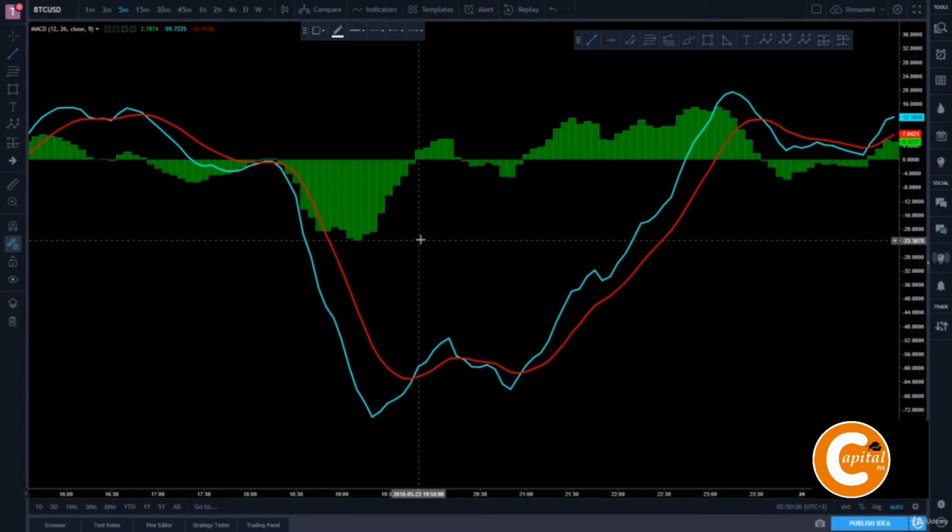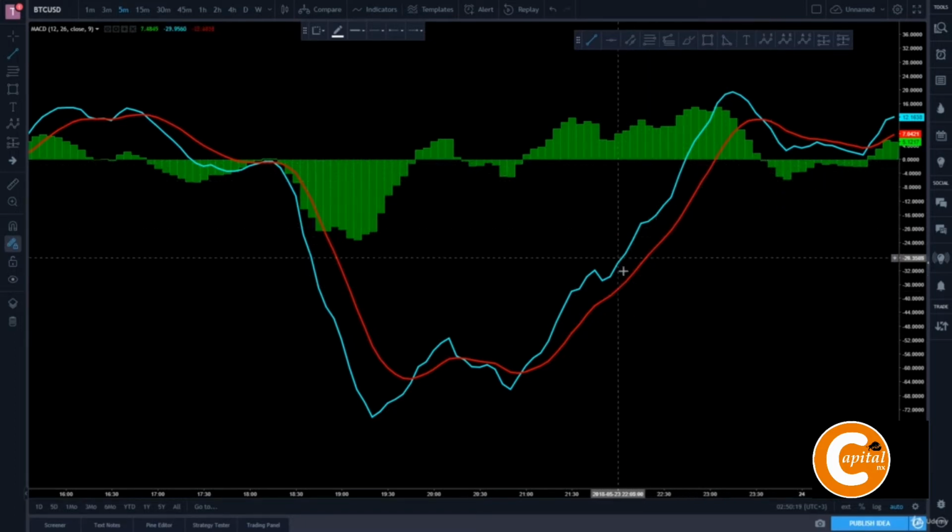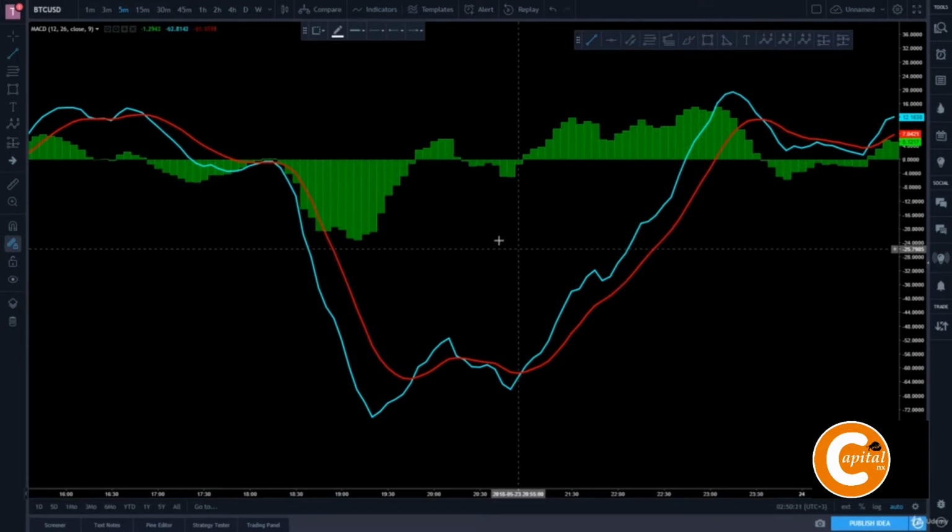Here on the right we have this bar right here, and that refers to how much these bars or columns, however you want to call them, upticked or downticked from the previous one, and the difference between the MACD and the signal moving averages.